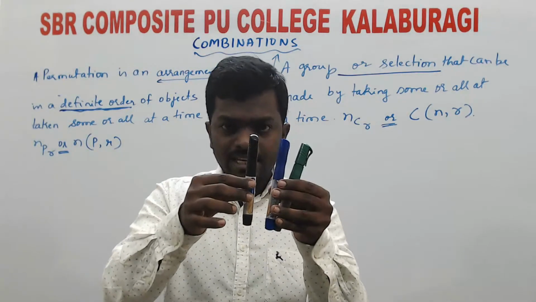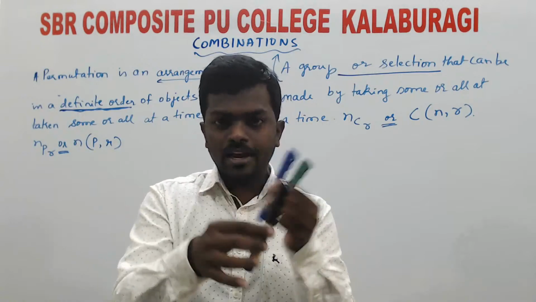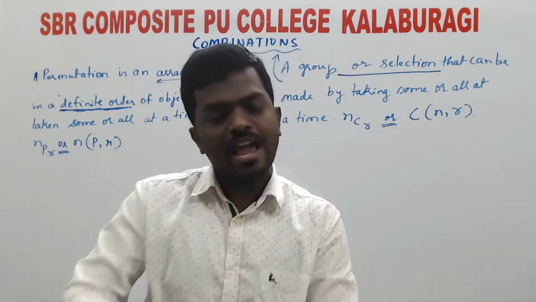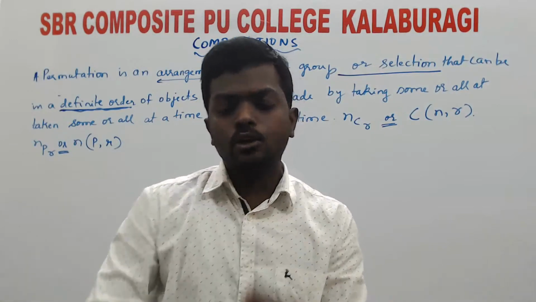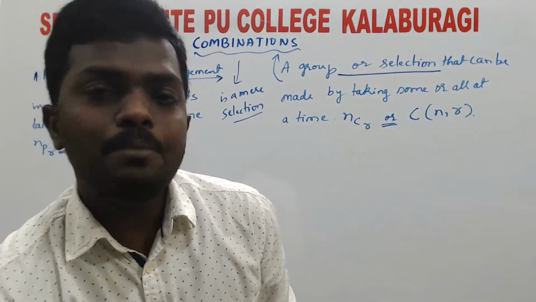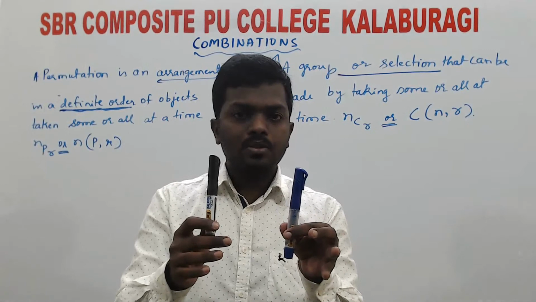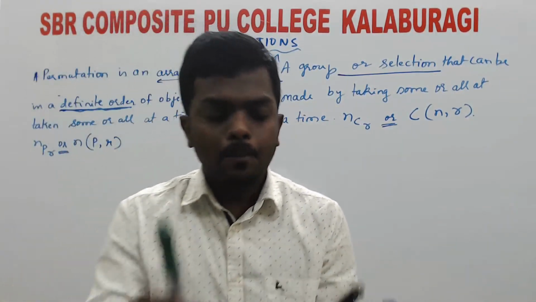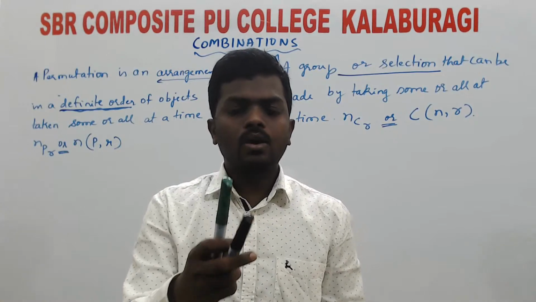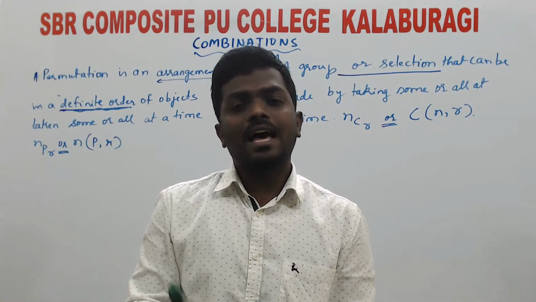These pens don't have life, so they don't get arranged among themselves. From the three on the table we need to pick two. So I can pick black and blue, so this is one arrangement, or I can pick black and green. In this manner you can arrange the things.